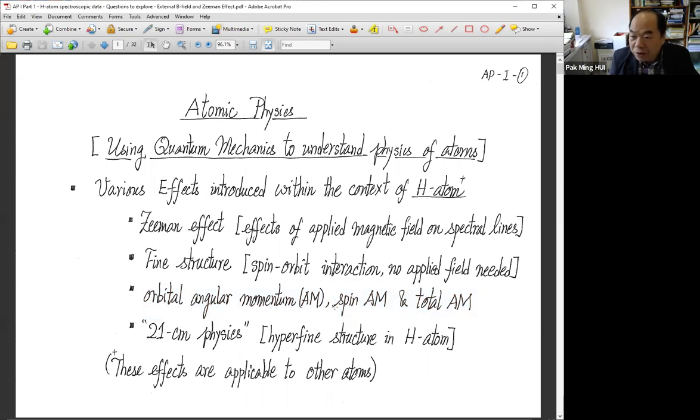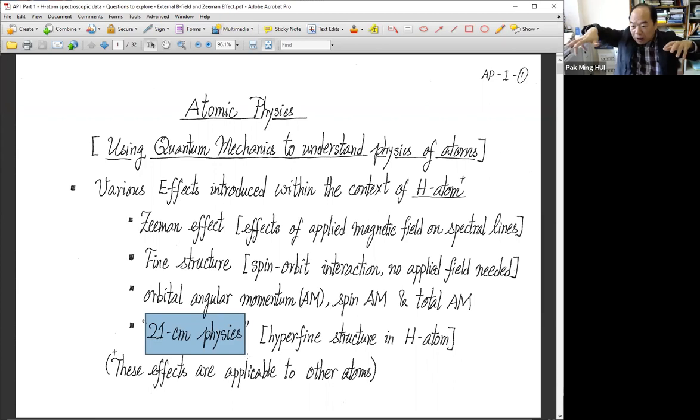At the end, we will also discuss a little bit about something called hyperfine structure, which turns out to be what the astrophysicists use to survey the sky, or how one gets this beautiful picture of a spiral galaxy.